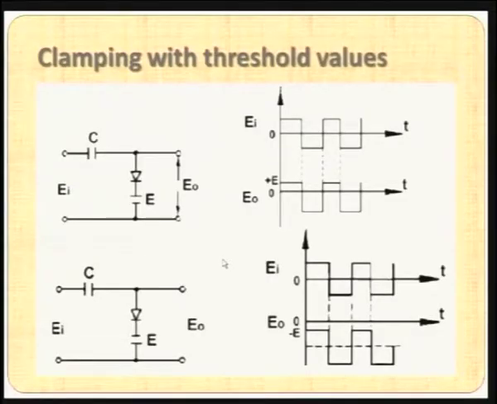With this, we have seen lots of applications of diode. In rectification, diodes are used, and in voltage regulation, diodes are used, and in clippers for removing the part of an input signal, diodes are used, and for clamping also diodes are used.